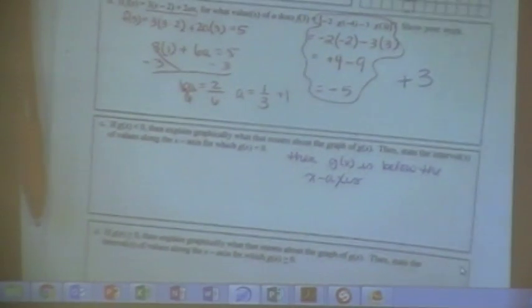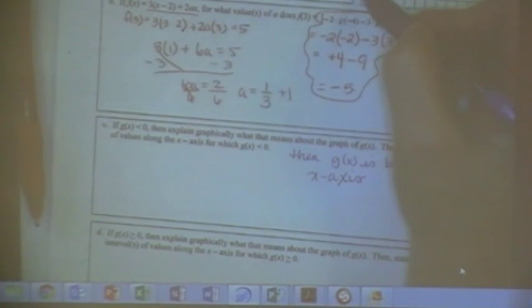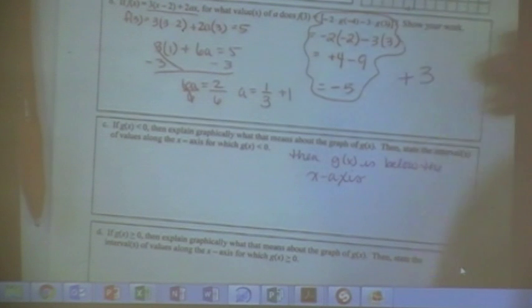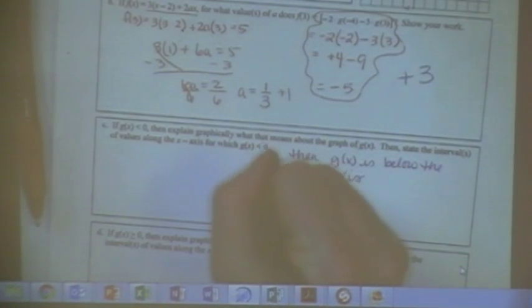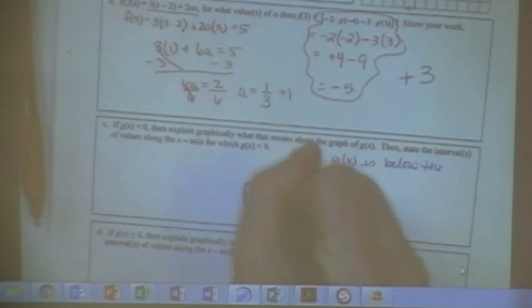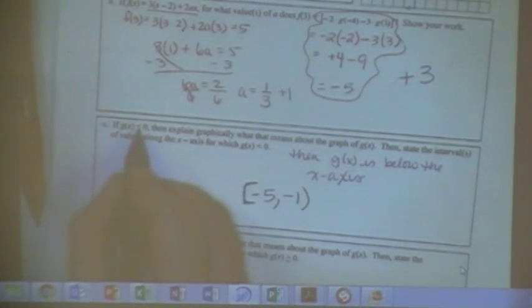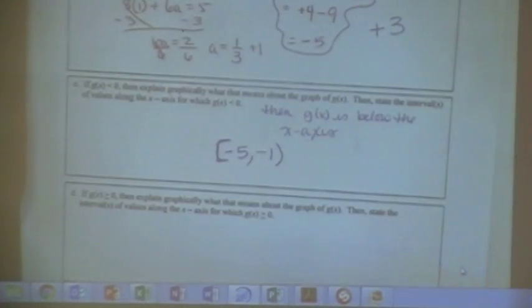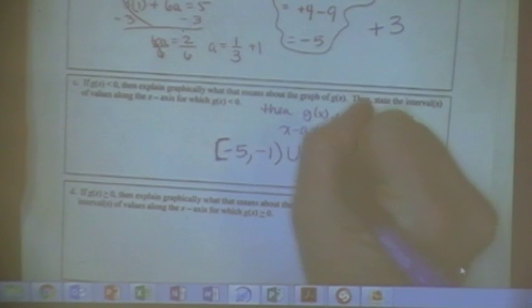And it asks us to state the interval where that's true. g of x is below the x-axis from -5, bracket, sorry, it's a solid dot, -5 to -1, parentheses, because there's no equal sign under here, so it's just where it's below. In union with, it goes back below right here and on to infinity, so 6 to infinity.